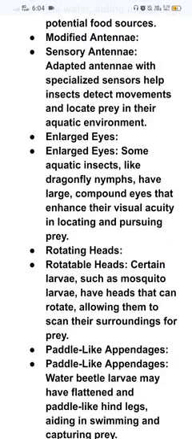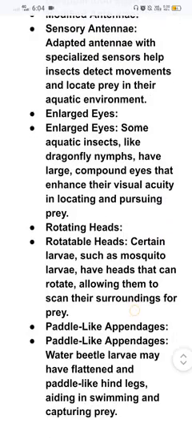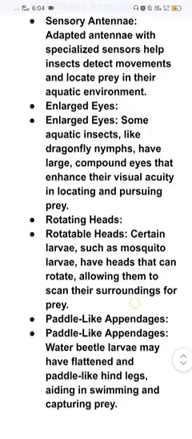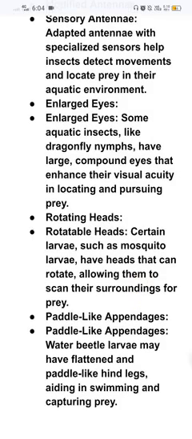All these factors help the aquatic insect to capture food. Some aquatic insects like dragonfly nymphs have large compound eyes that enhance their visual ability in locating and perceiving prey. Then rotatable heads.